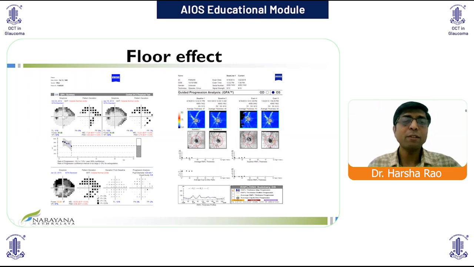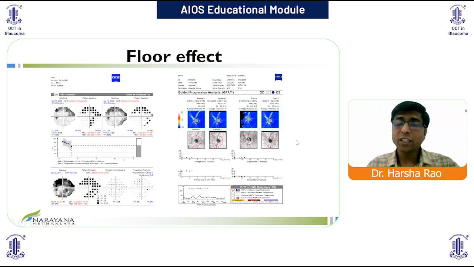Here in this example, we see that the visual field is showing an obvious progression here compared to the baseline visits, but the RNFL is not showing any progression whatsoever, primarily because the RNFL has already reached a floor to begin with. And beyond this level, even if any true progression happens, RNFL is unable to detect such a true change.